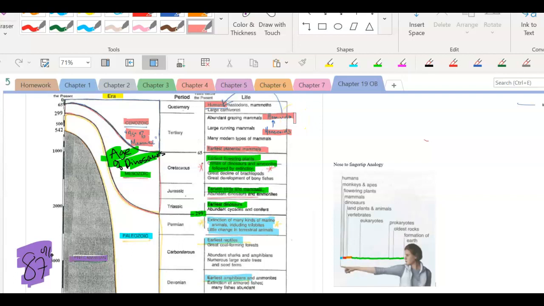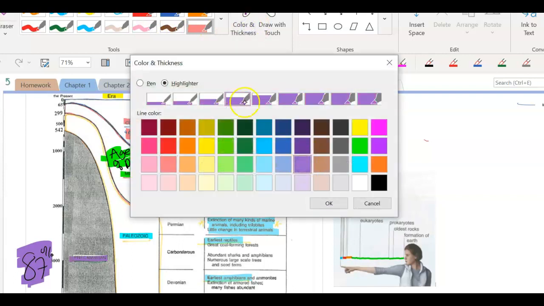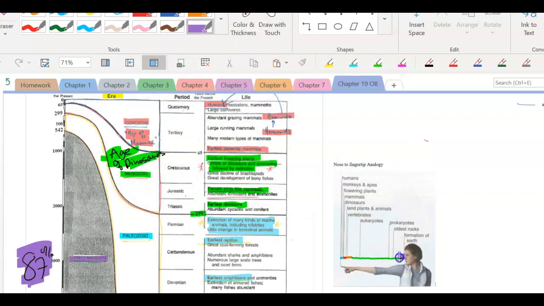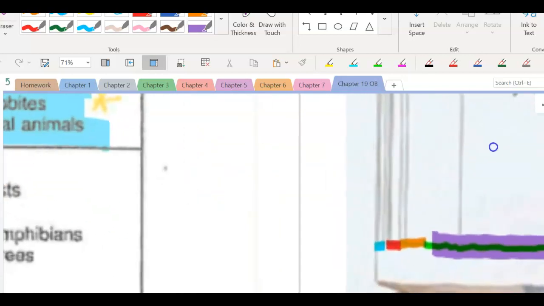And so remember, when we were looking at the timeline with that analogy, we were 30 seconds before midnight when it came to that 24-hour analogy of the different milestones to happen on the Earth. So if we use the same colors that we used on the board, then we can see that by far 87% of the time on the planet was Precambrian.